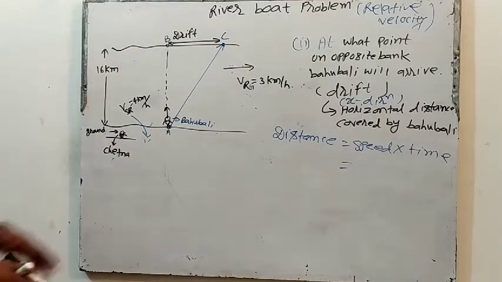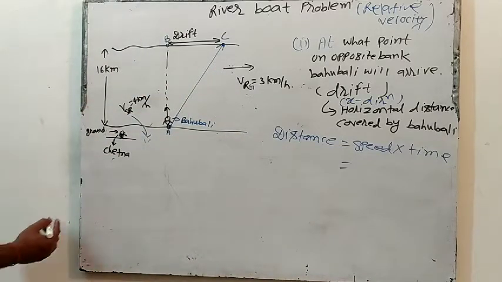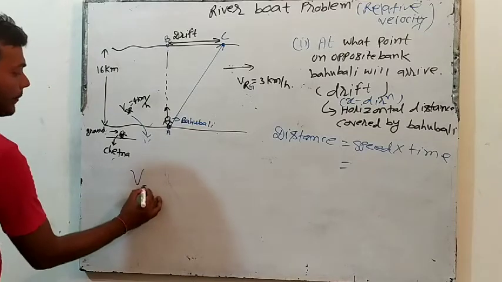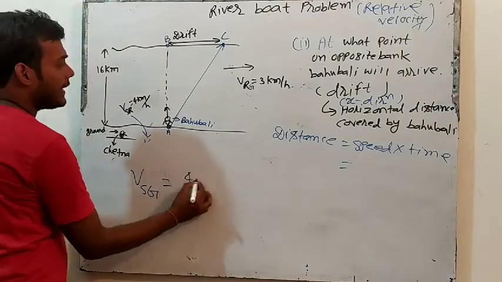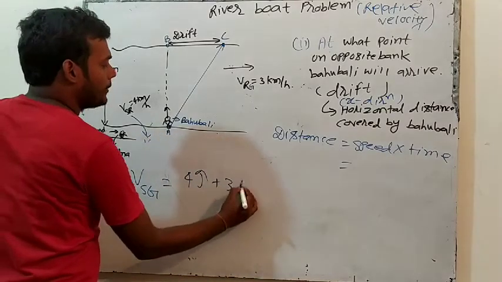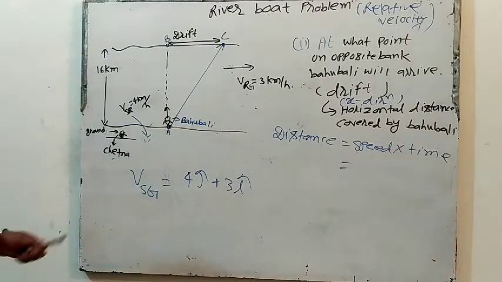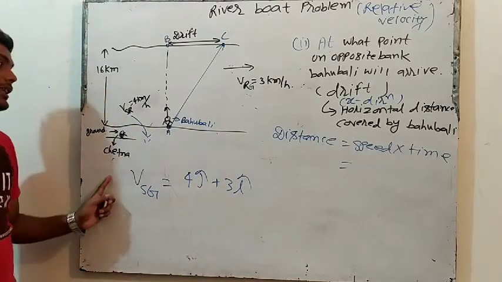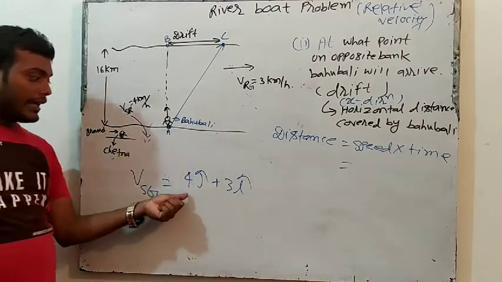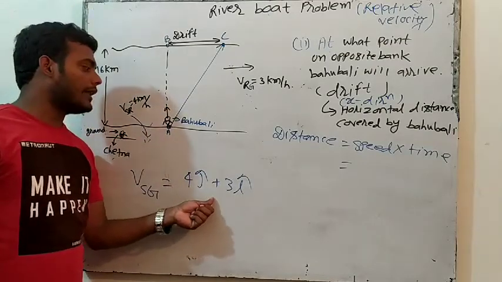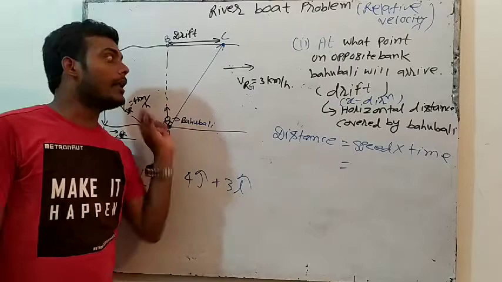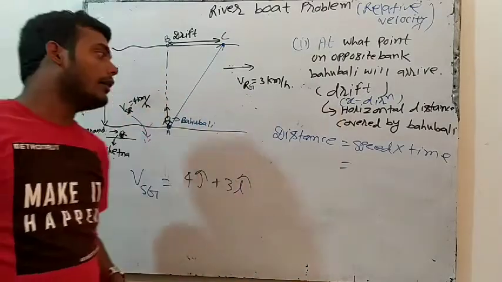Since they are going in x, so this velocity of swimmer as seen by ground you have written. Velocity of swimmer as seen by ground was how much? 4j cap plus 3i cap. चेतना क्या बोली थी? When Chetna will observe Bahubali, she will say that Bahubali is going with a speed of 4 km per hour in plus y direction and 3 km per hour in plus x direction because river is also flowing.